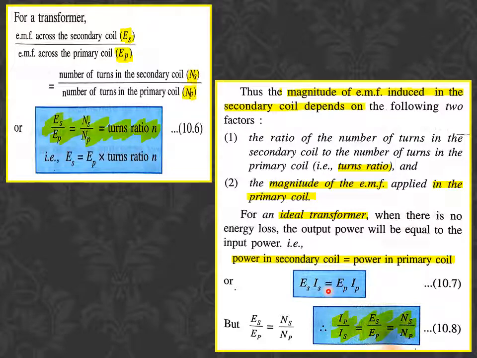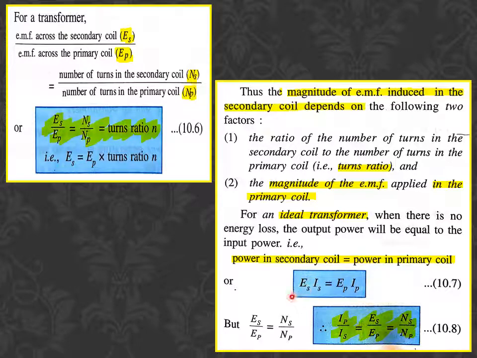So from this relation, when the EMF is more, the current will be less. This is to maintain the power constant. This is the output power, this is the input power, right?